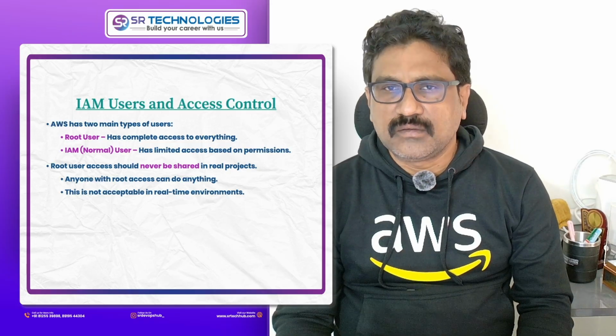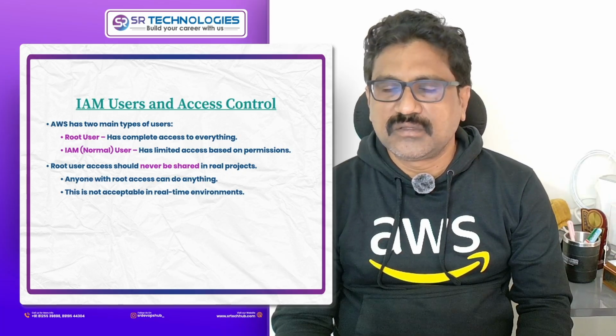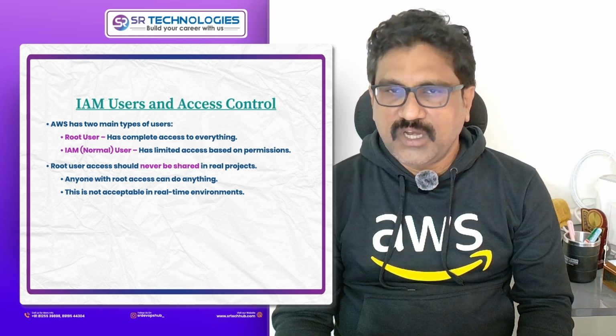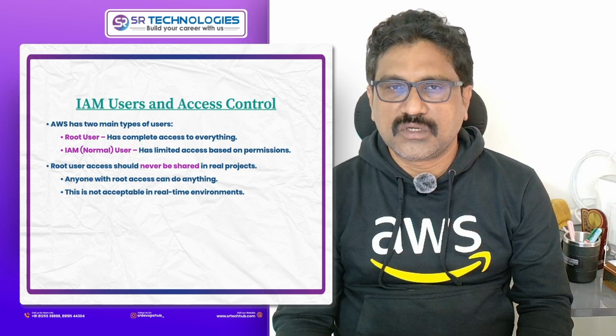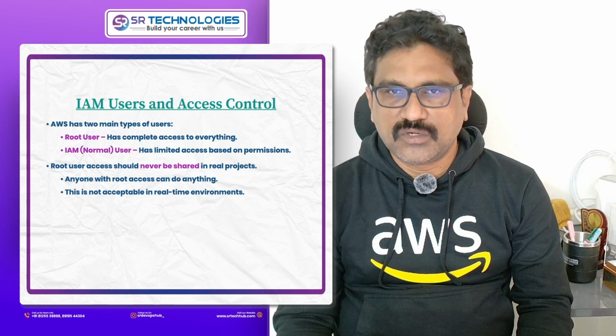Anybody can do anything, but this is not the way to control the access. This is not at all acceptable, because in your real life project, they will not allow you to use root user. You cannot use root user. But here, in this practice session, we are using root user only.